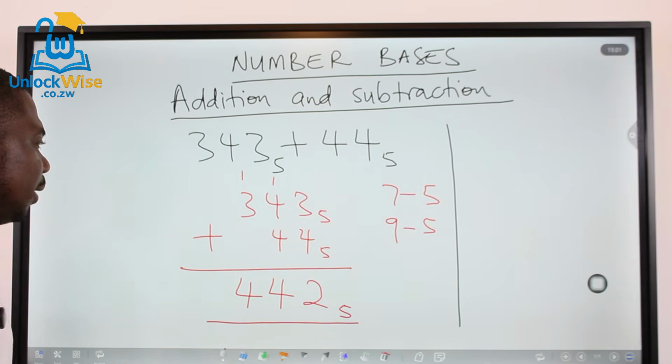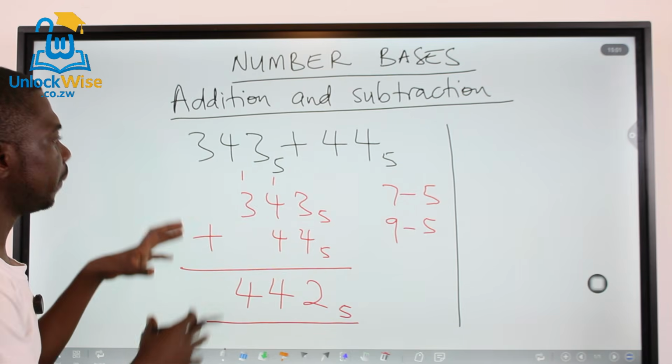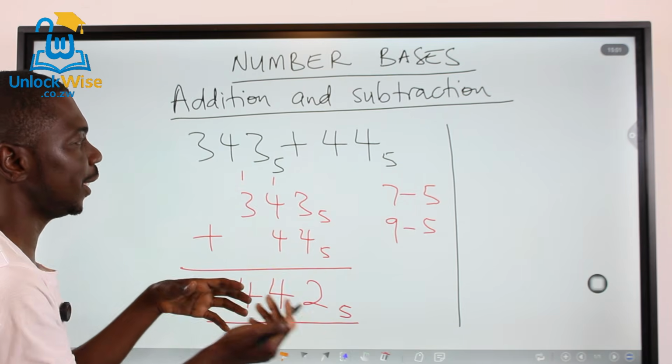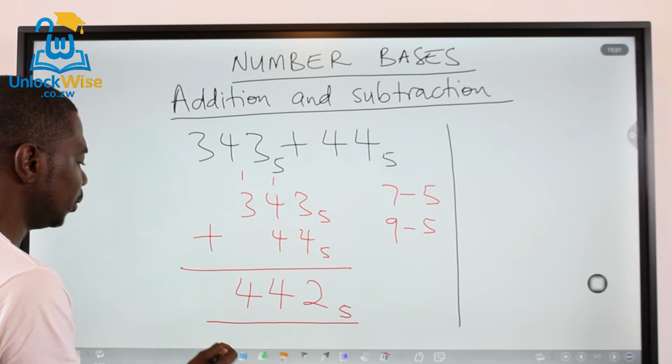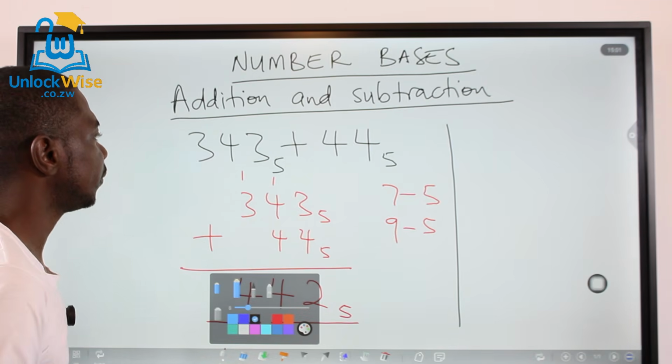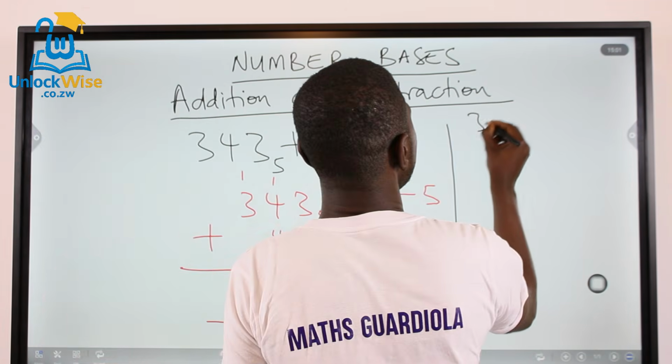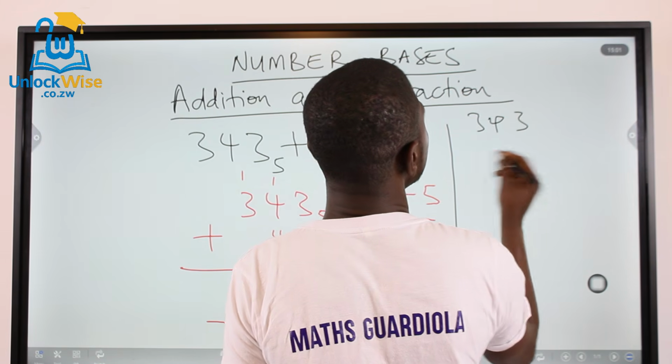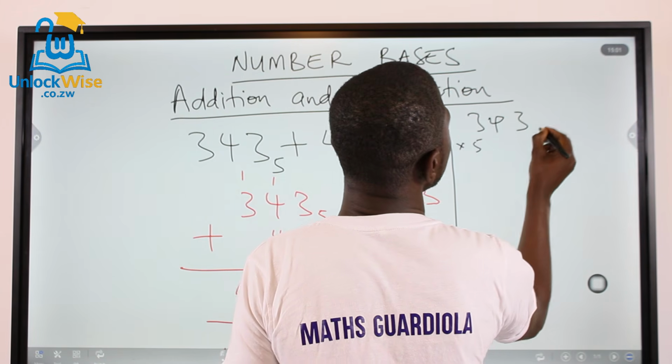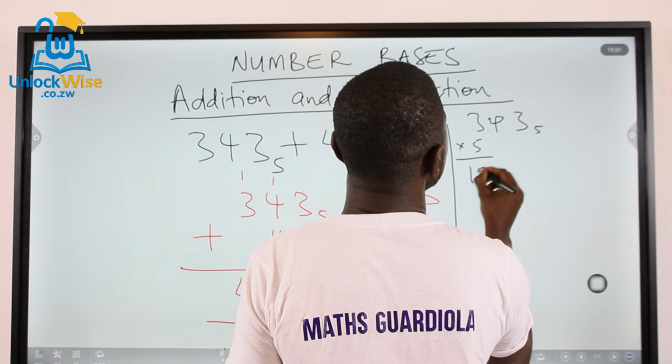Let's just verify by doing conversion from base 5 to base 10 and add, and then come back to base 5. So I have 343, which is in base 5. So I will multiply this by 5 and get 15 here.